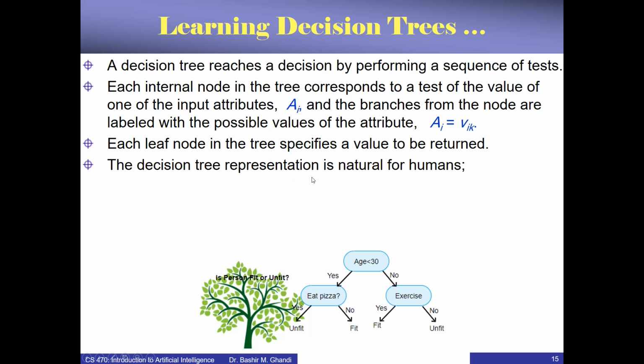Decision tree representation is actually very natural for humans, and we use it implicitly without knowing. Normally when you are going to do something, you will start asking yourself, what if this is true? Then you decide to do this or to do the other thing, and so on.